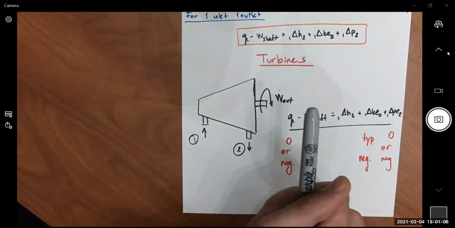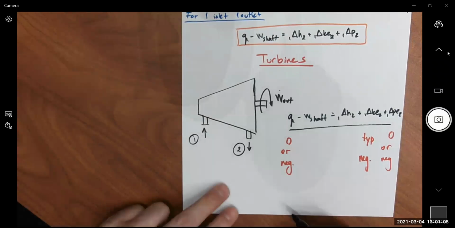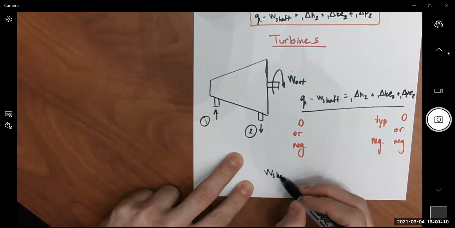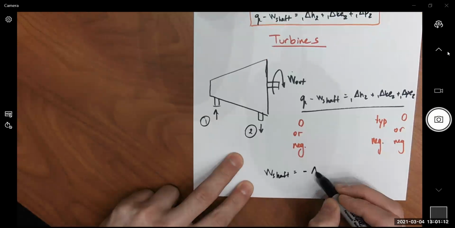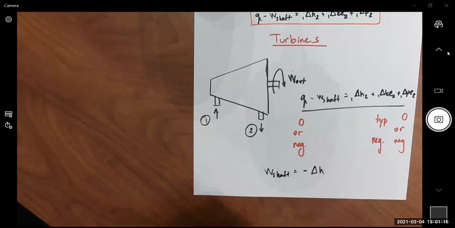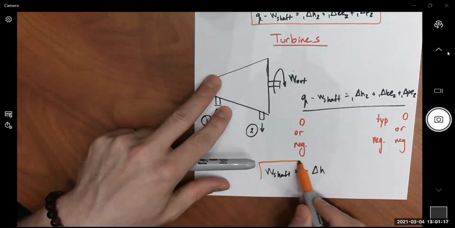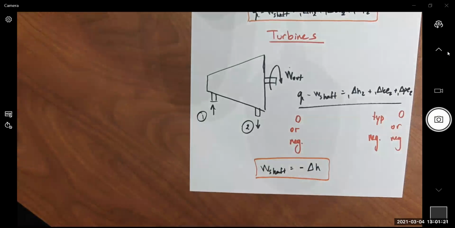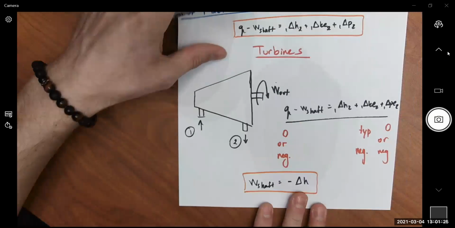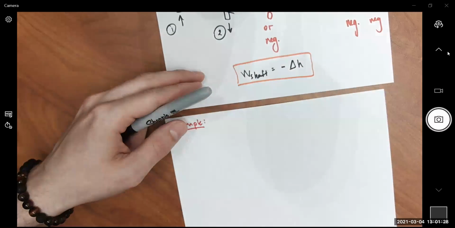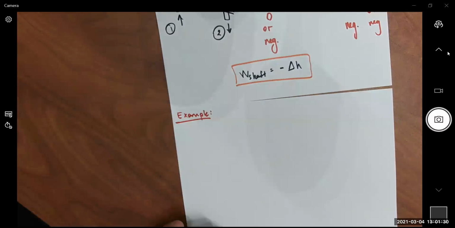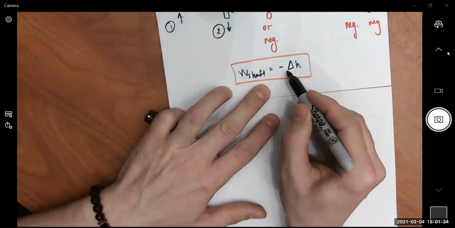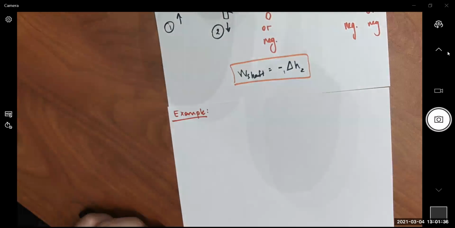So what we have left is work shaft equals minus delta H, again, after neglecting these terms. Not always. Okay. All right.